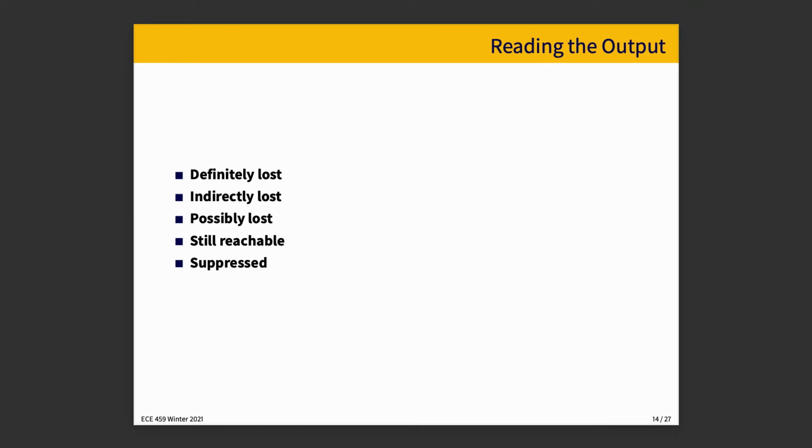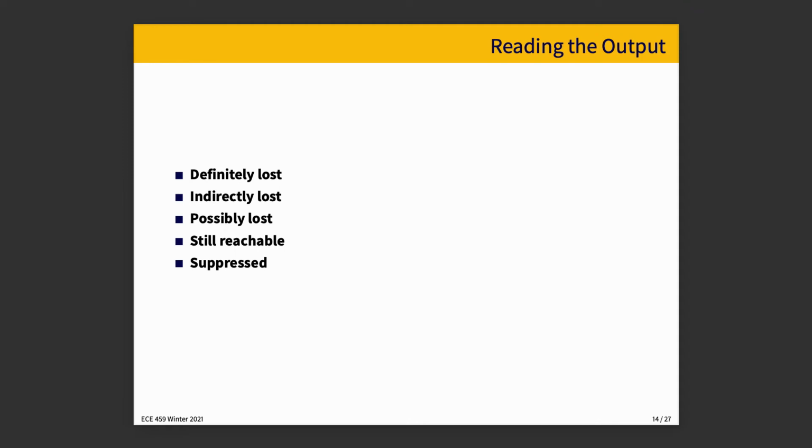Possibly lost. Valgrind isn't sure. The program might be leaking memory unless you're doing some weird pointer arithmetic type stuff where you're pointing to the middle of an allocated block as a way of iterating over something, which you kind of shouldn't do. Again, Rust discourages you from doing this, and you would only really do it in unsafe code, but if you did, it could be reported as possibly lost. Still reachable.